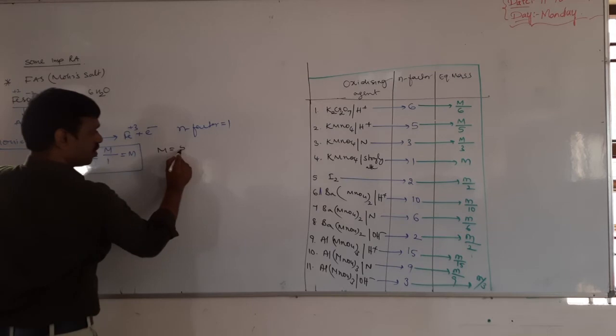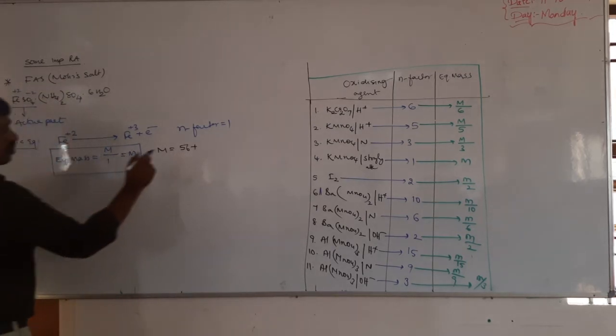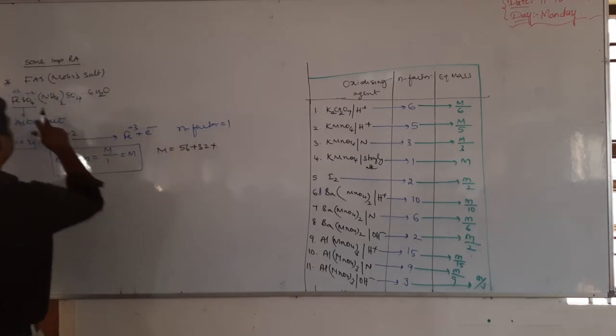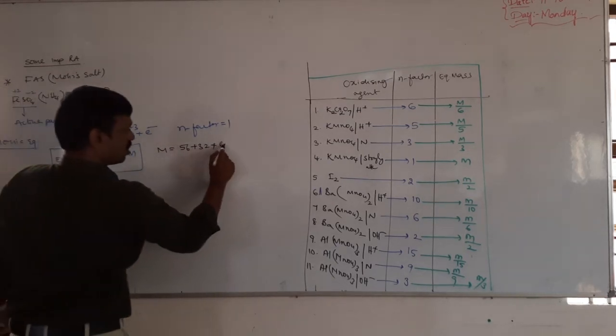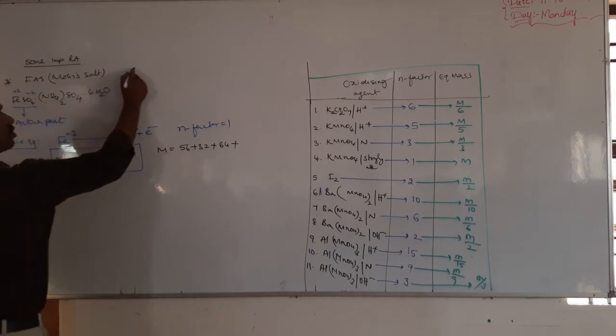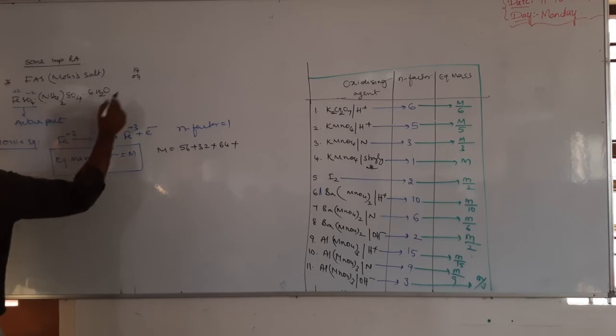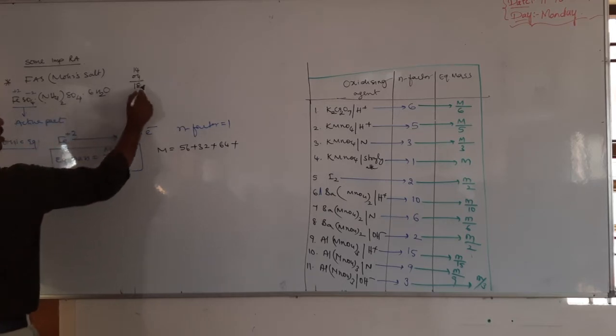What is the atomic mass of ferrous? 56. Okay, sulfur, 1 sulfur 32 plus 4 oxygen 64 plus now 2 ammonium. What is the molecular mass of the ammonium ion? Nitrogen is 14, right? 4 hydrogen 4, right? It is 18 into 2.